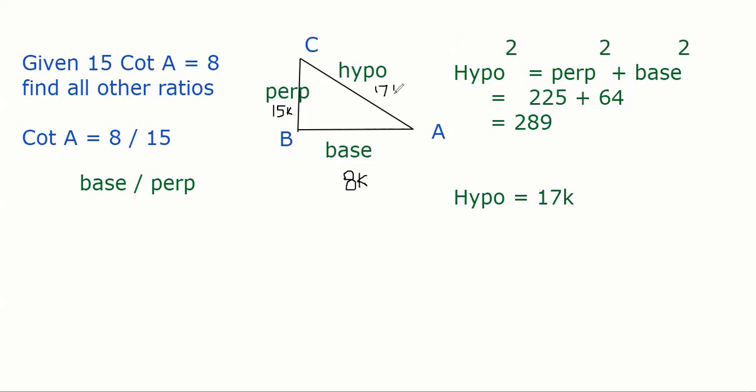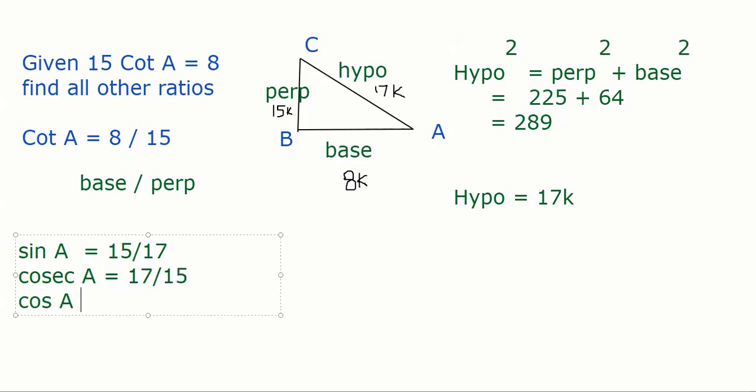Now you know all three sides of the triangle, you can easily form all the trigonometric ratios. What would be sine A? Sine is P by H, perpendicular by hypotenuse. So 15k by 17k, so 15 by 17. Cosec would be the reverse of that, 17 by 15.